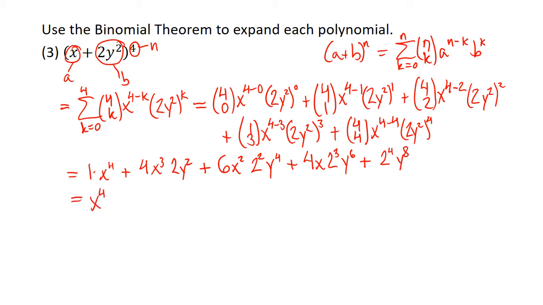So this will be x^4, and then this will be 8x^3y^2, and then 24x^2y^4, and then 32xy^6, and then 16y^8. And that's it.